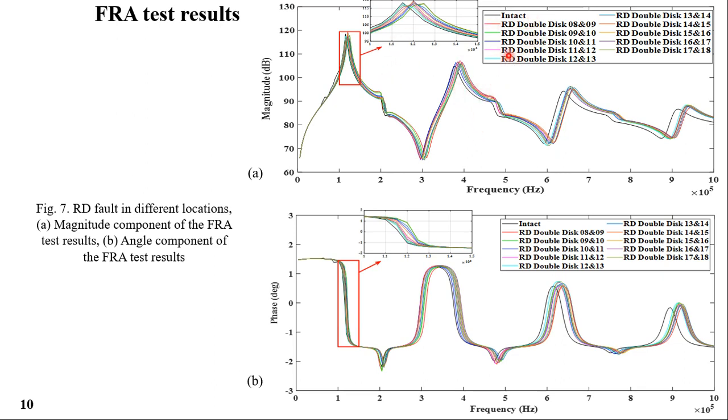As you can see, the radial deformation in different locations has its own signatures. So the deviations between the intact signature and the defected signatures can help us to interpret the frequency responses in order to locate the radial deformation fault.